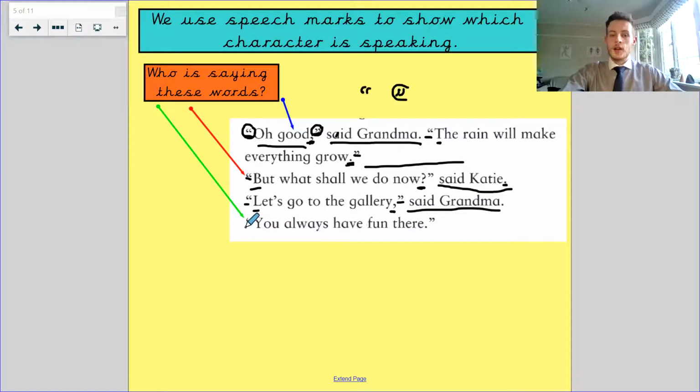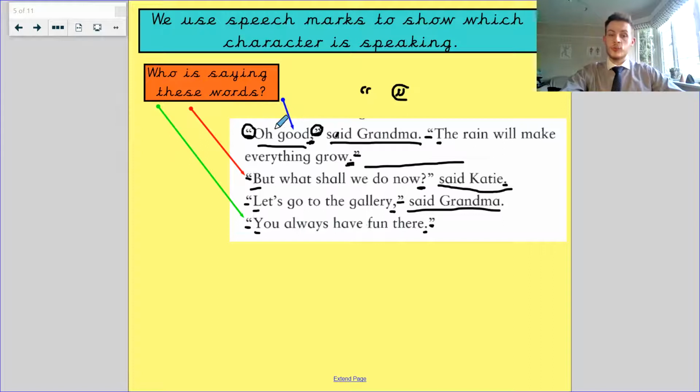Then we've got our next 66, capital letters. You always have fun there. Full stop, 99. Now the full stop's there because it's the end of that sentence, and that means it must be carrying on from the person beforehand. Otherwise, it'd have to say, replied Katie or said Katie at the end, which means it must be continuing with the person that was speaking before, which is Grandma.